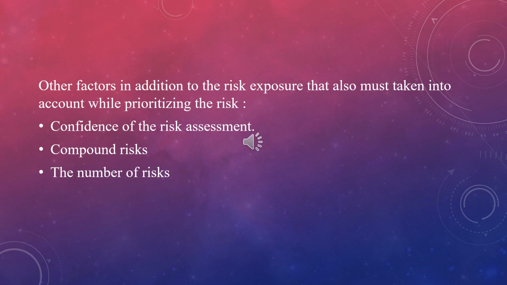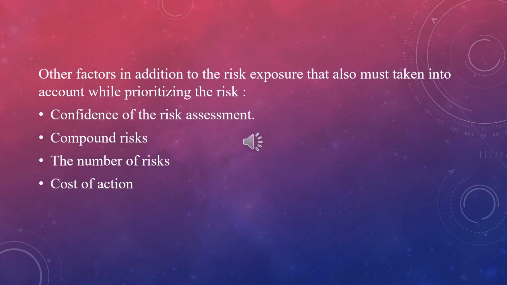The third factor is the number of risks. There is a limit to the number of risks that can be effectively considered and acted on by a project manager. We might therefore wish to limit the size of the prioritized list. And the last one is cost of action.